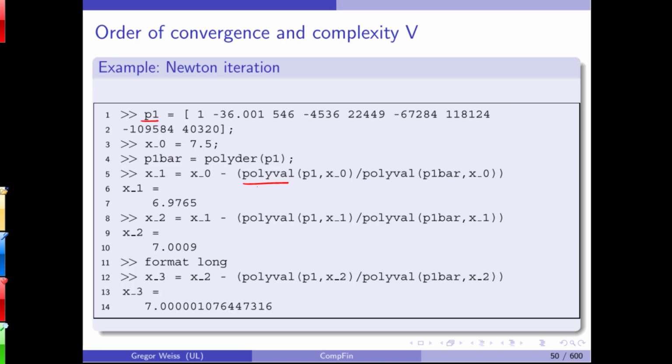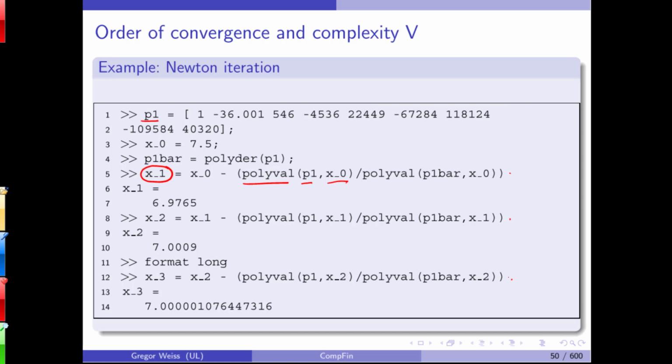And this is what we do here, the value of the polynomial p1 at x0. And what we are doing now is we start with x0. We calculate x(n+1) as xn minus f at x0 divided by the derivative at x0.